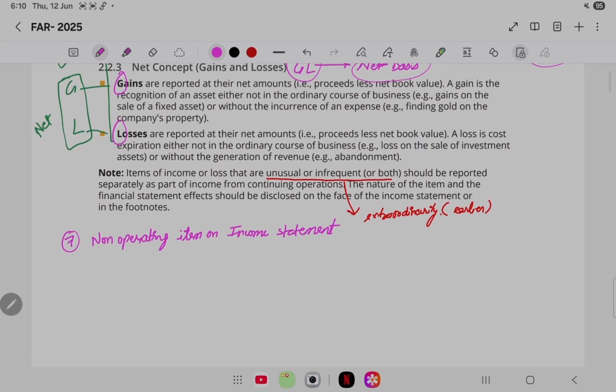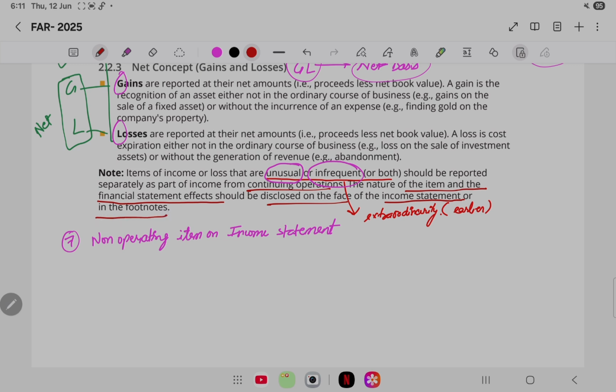Now the important point: items of income and loss that are unusual and infrequent. Learn these words: unusual and infrequent, or both. An item can be unusual or infrequent, and should be reported separately as a part of income from continuing operations. The nature of the item and the financial statement effect should be disclosed on the face of the income statement or in the footnotes.